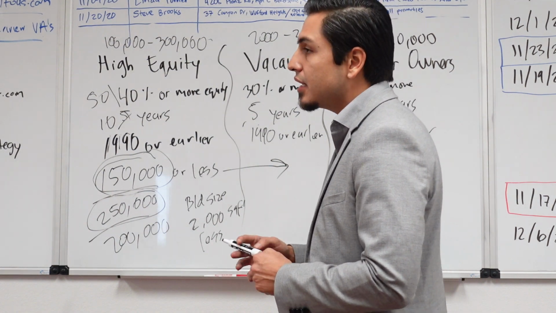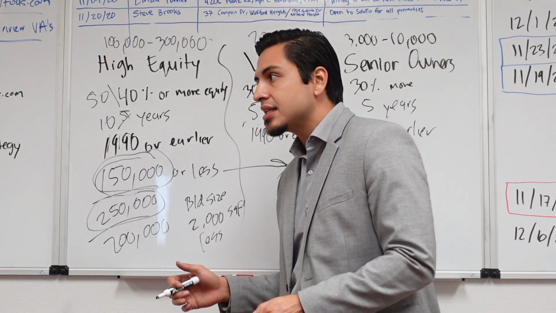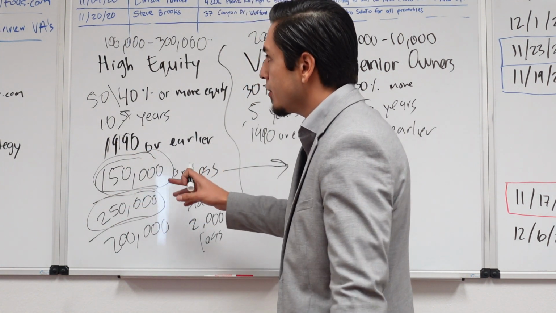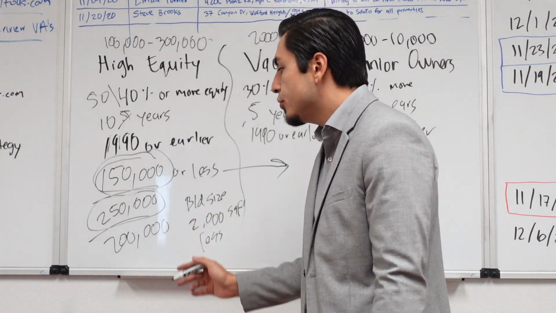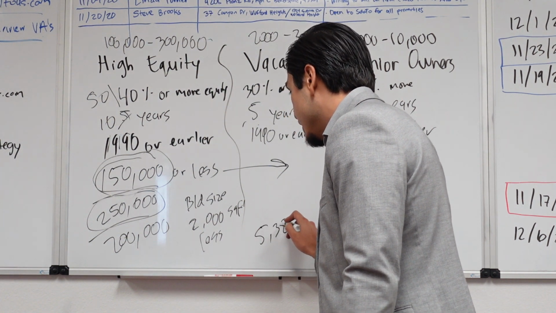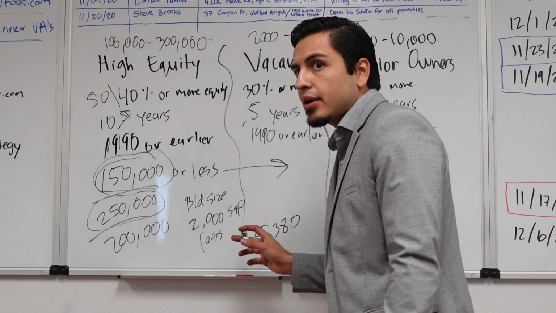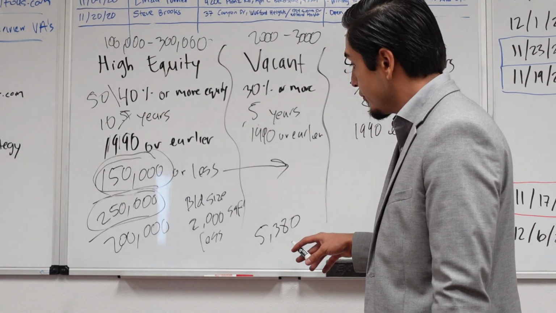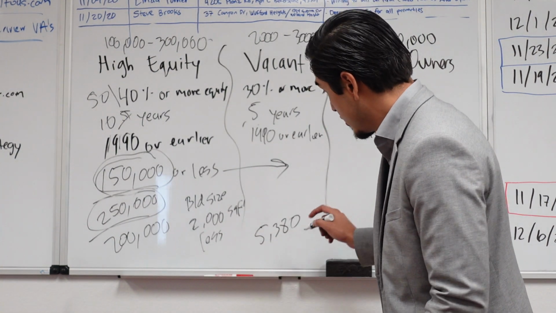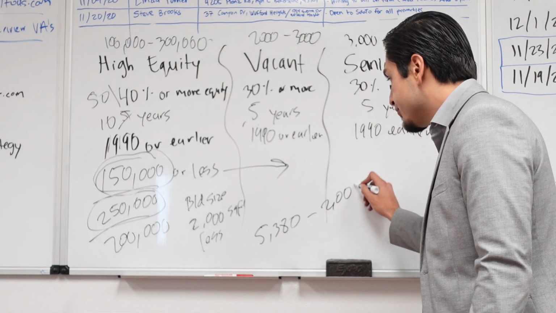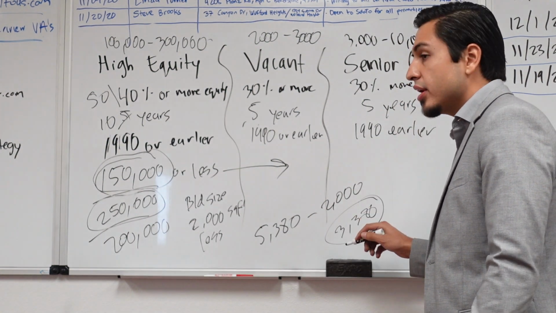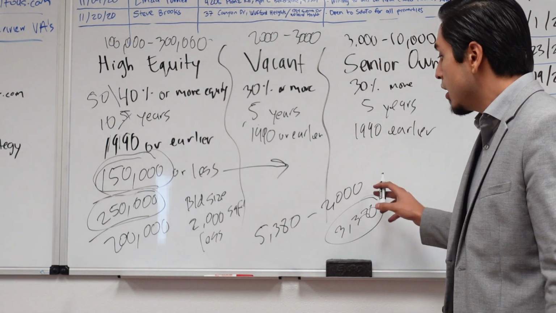Now, one thing to keep in mind is as you are filtering these lists, and say for example you did all these filters, and out of 100,000 records, you ended up back with 5,380. If you ended back with 5,380, and say your budget was to pull 2,000 a month, minus 2,000, you have 3,380 left.